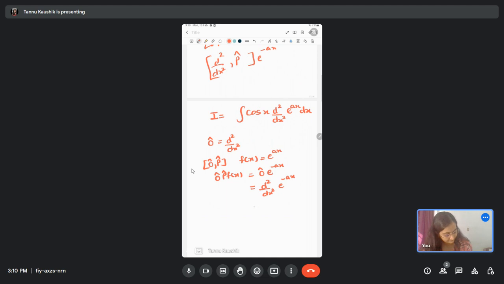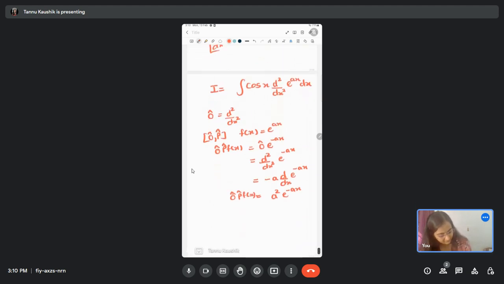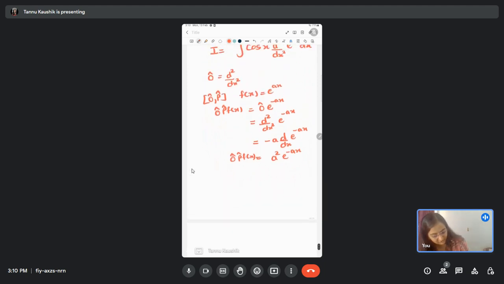When this parity operator operates on e raised to ax, we will get e raised to minus ax, and then we will operate d square by dx square on e raised to minus ax. So what will we get? We will get minus a d by dx of e raised to minus ax, and then again a square e raised to minus ax. This is what we will get.